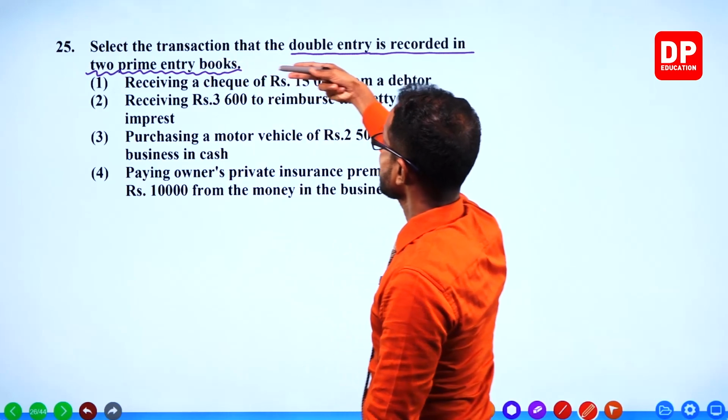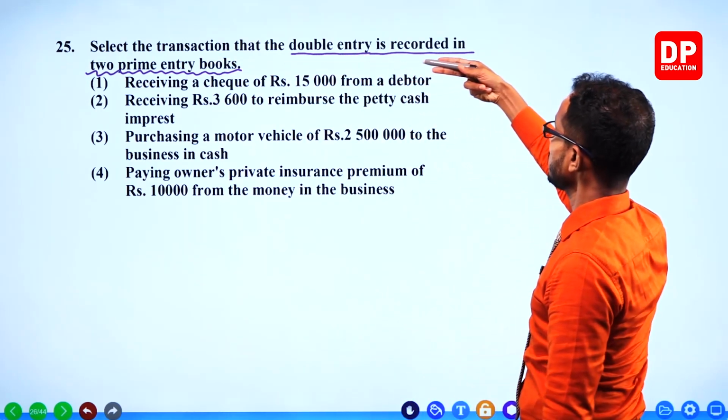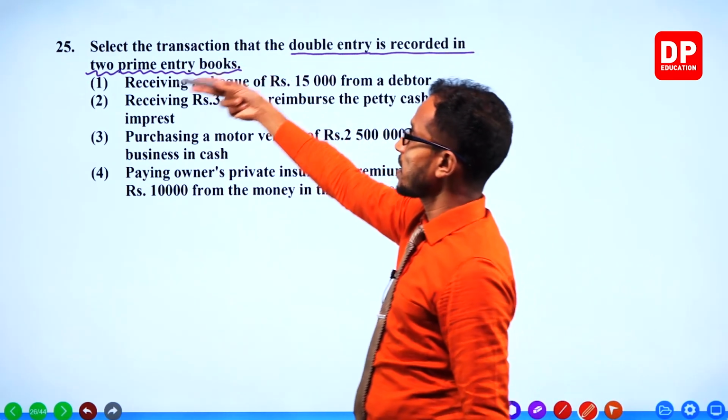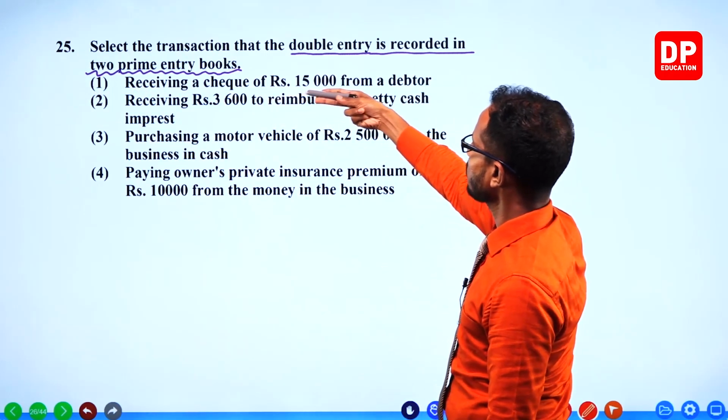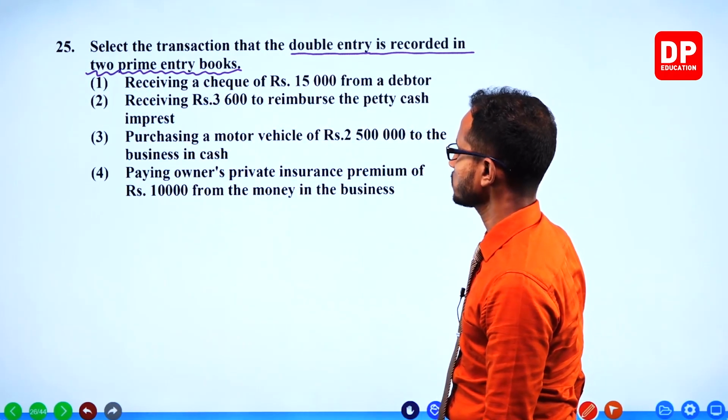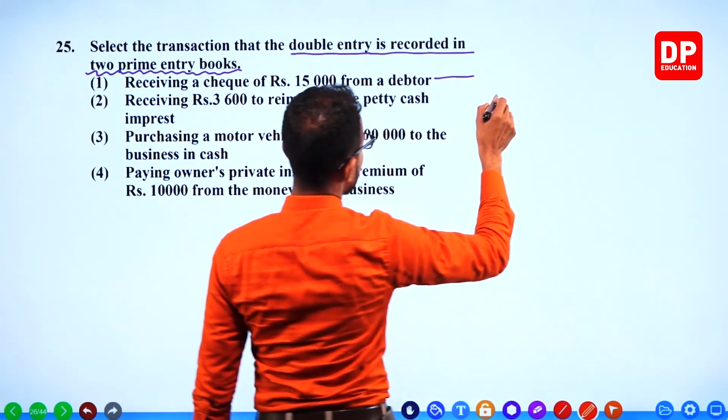So for a transaction where both entries go to prime entry books: receiving a check of 15,000 from a debtor. What is the double entry of this one?